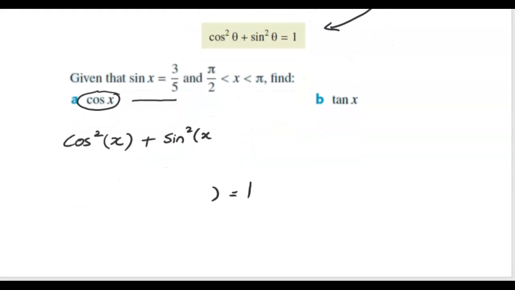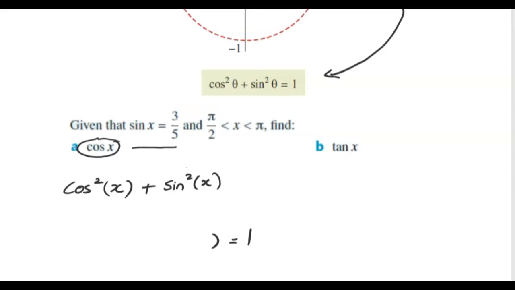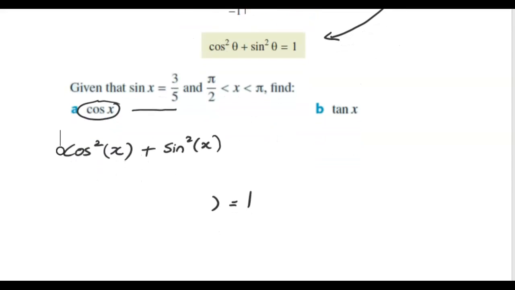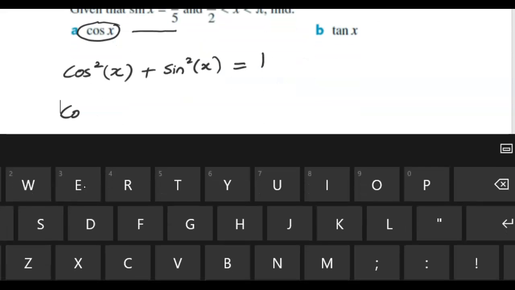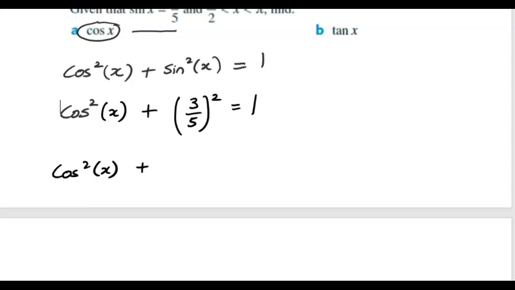Now they've given us the value for sine x. So I'm going to substitute the value for sine x. So I'm going to have cos squared x plus 3 on 5 to the power of 2 equals 1, which means cos squared x plus 9 on 25 equals 1.